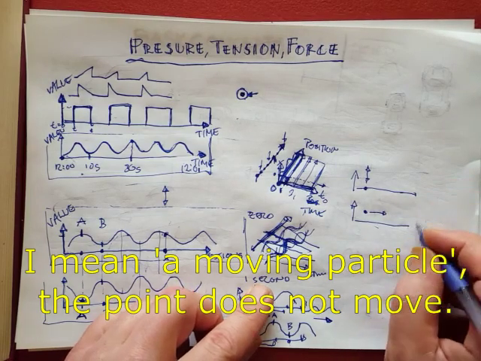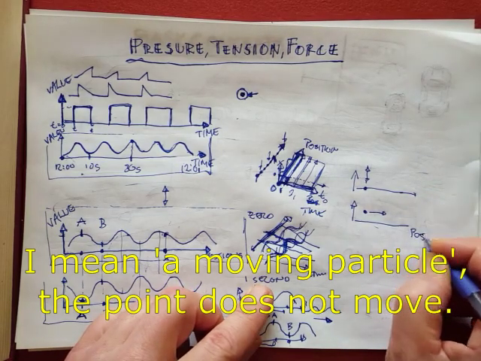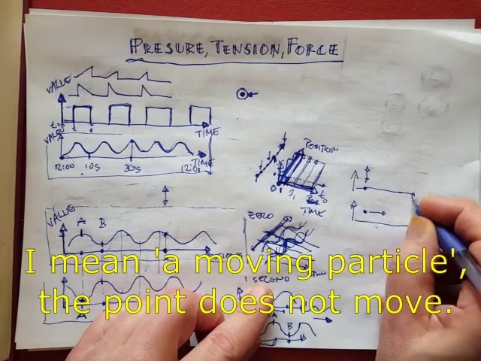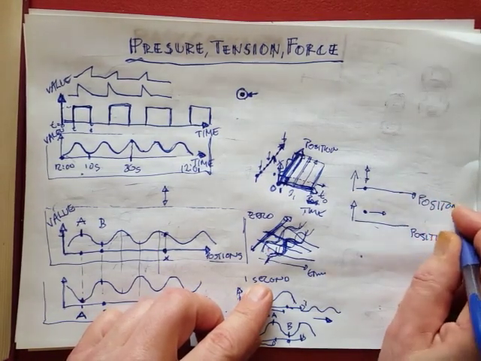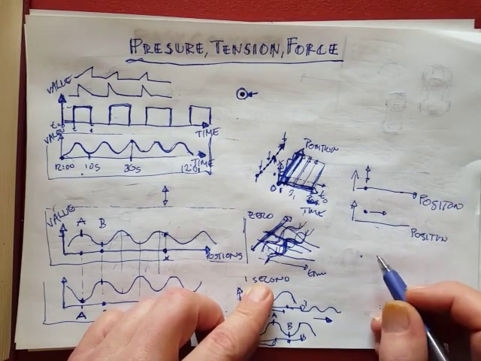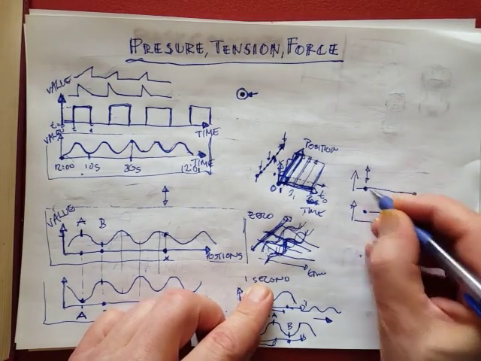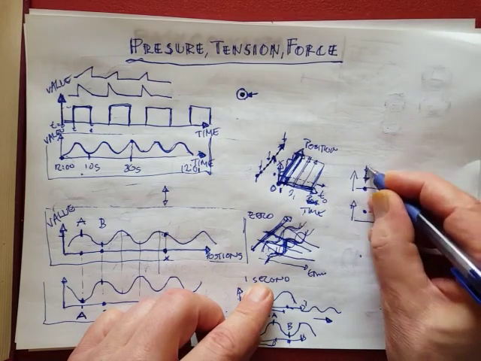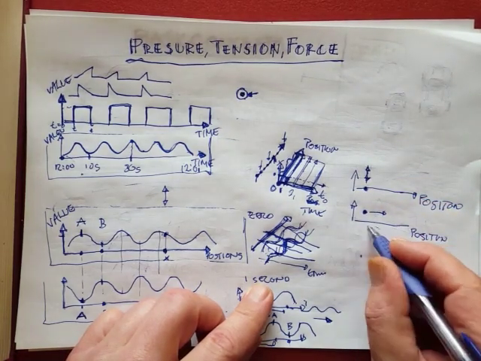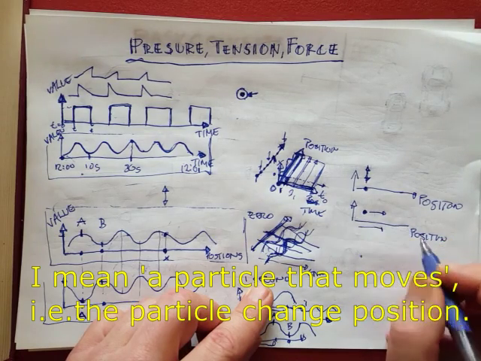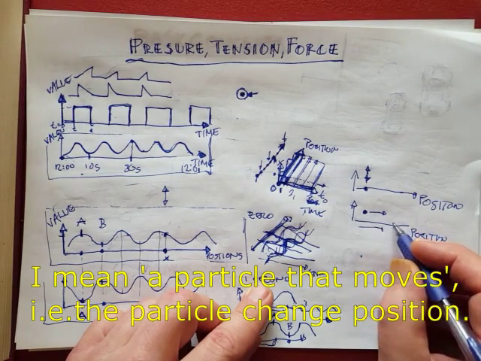So this is position. You could choose to think about it as values that move up and down in a point, or you could think about it as a point that moves, changing position.